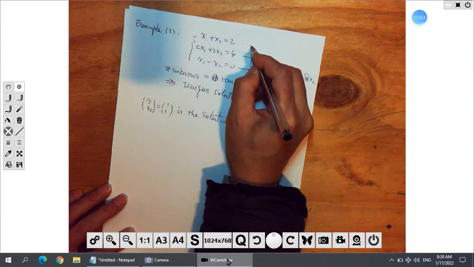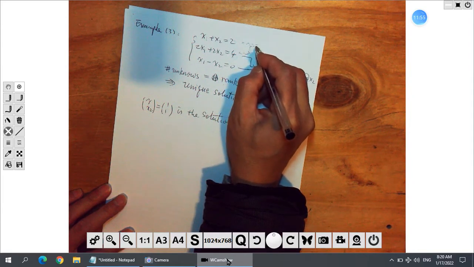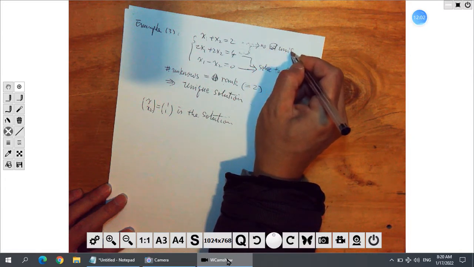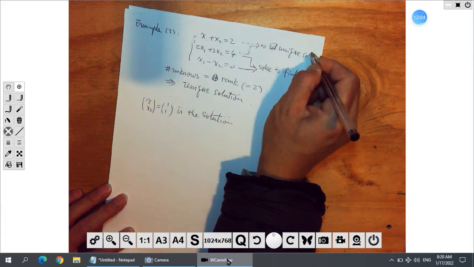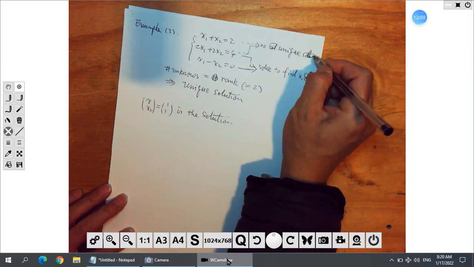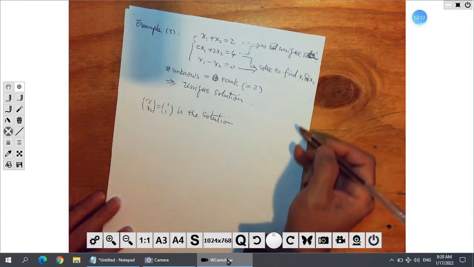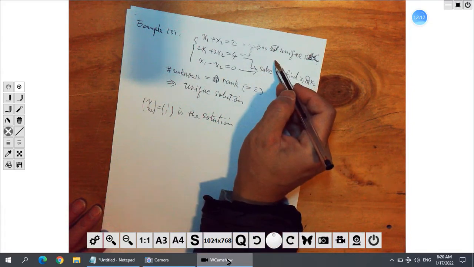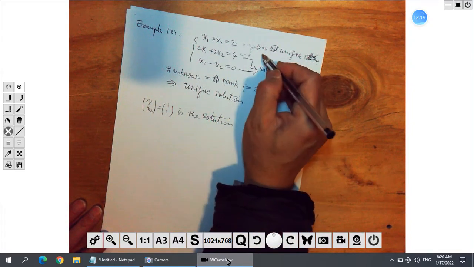If you use these 2, no unique solution, because these 2 are the same. If you use these 2, no unique solution, but you have infinite solutions.